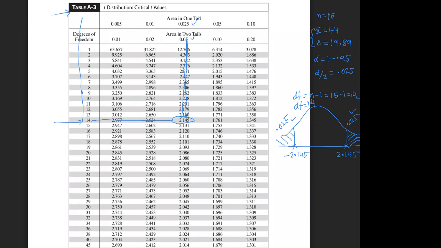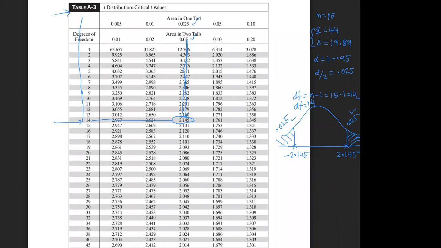So everybody, I'm gonna pause here and ask you, are you okay finding the value from the t-distribution table? Anybody has any confusion on how to find that value from the t-distribution? I think it makes sense.